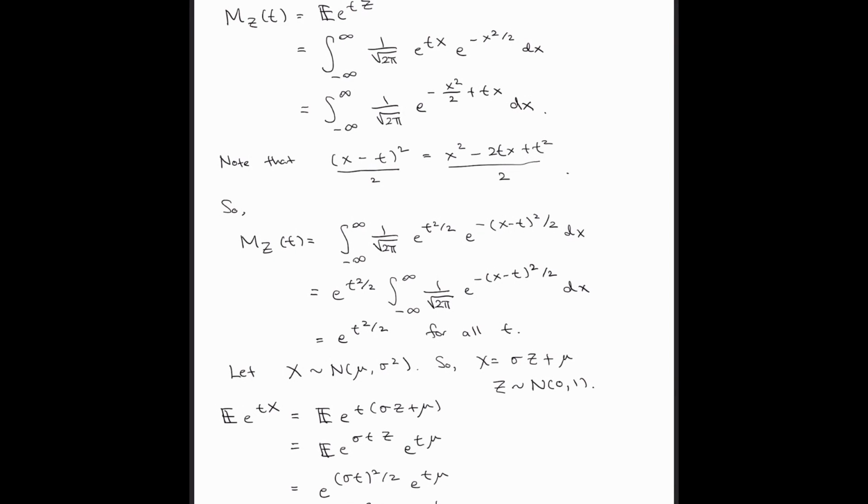Just apply the definition of X, so that's what we did here. And then let's split up this exponent, applying the distributive property. So we have e to the sigma t Z from this portion, and then e to the t mu from this other portion, right?